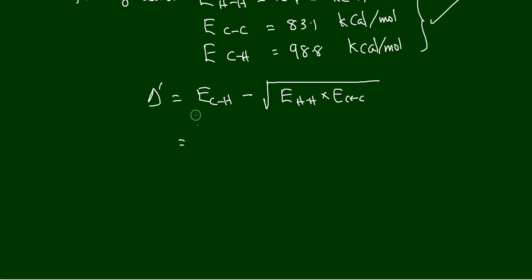What is E_CH? It is already given. E_CH is 98.8 minus root of E_HH into E_CC.